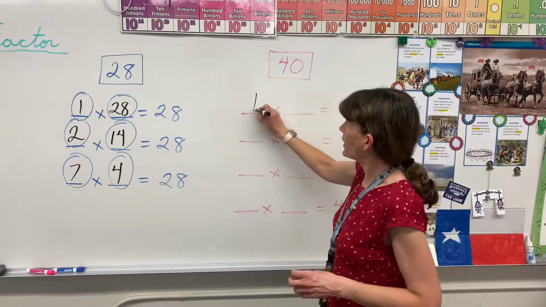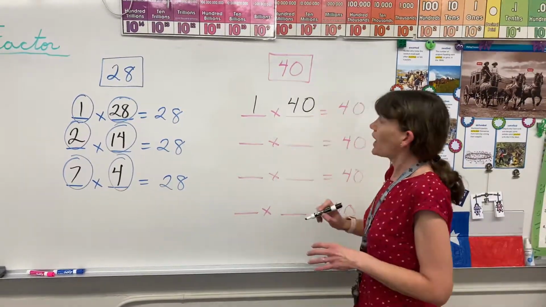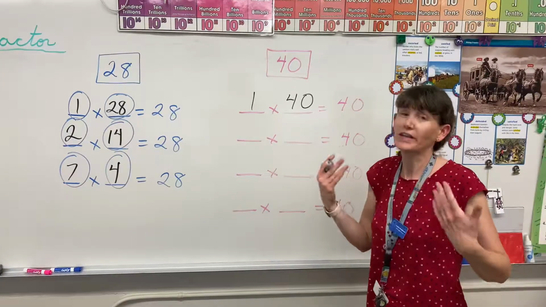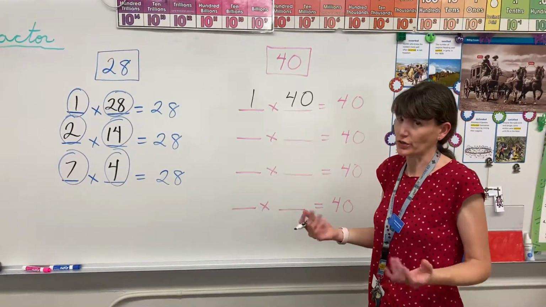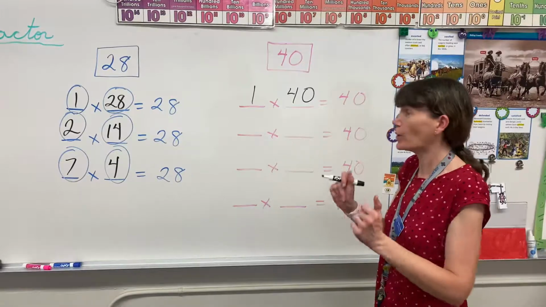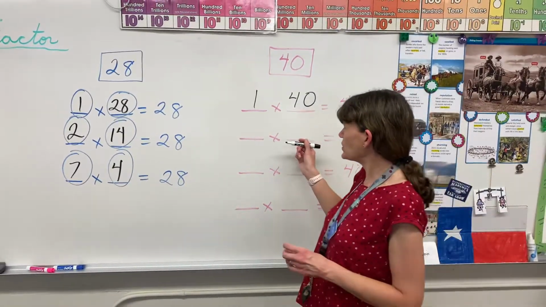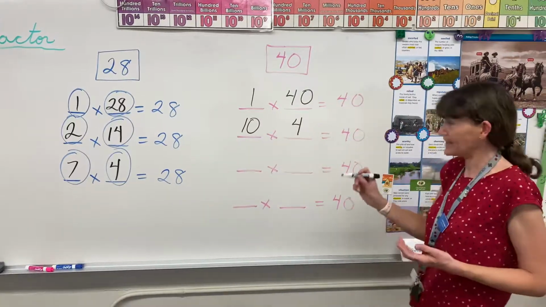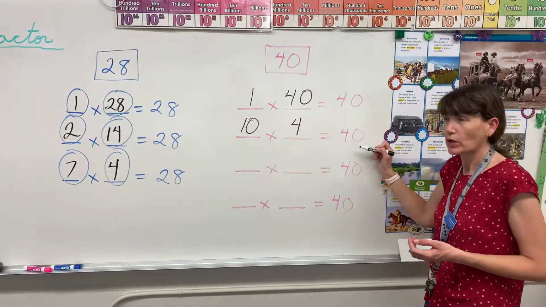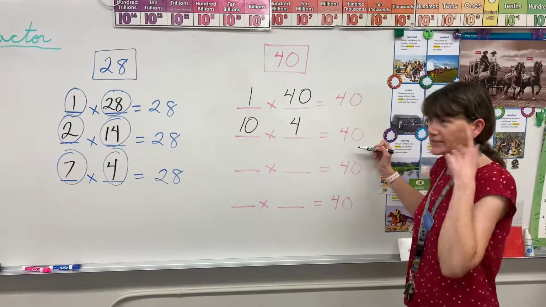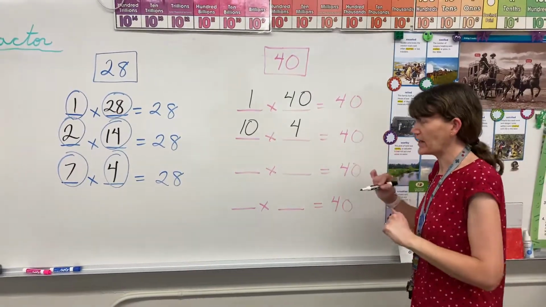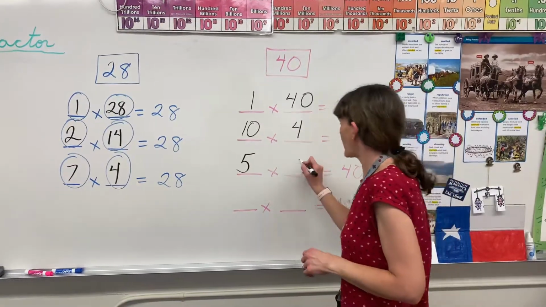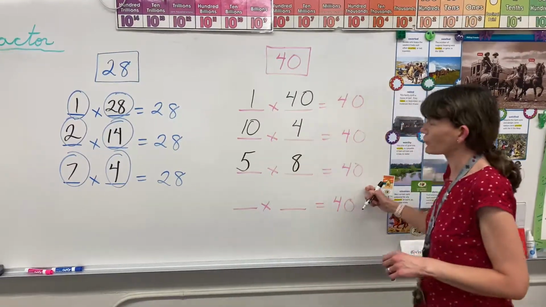If we're looking at 40, now 40 has a few more. So we have 1 and 40, of course. Now remember, it doesn't matter if you do 40 times 1 or 1 times 40, it's the exact same factors. They don't change, so you don't need to do both. So I can do 10 and 4, because 10 is easy, since it ends in a 0. I know I have to have a 5 because it ends in a 0, so 5 times 8 is 40.